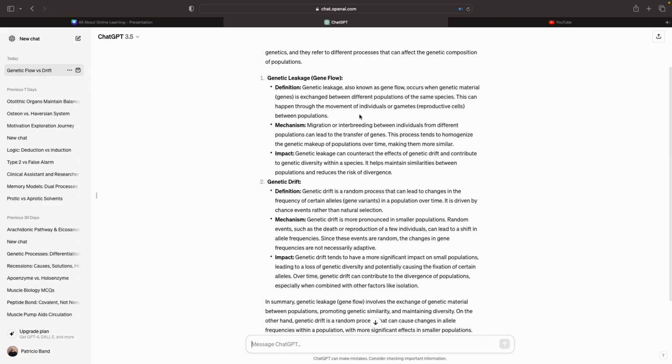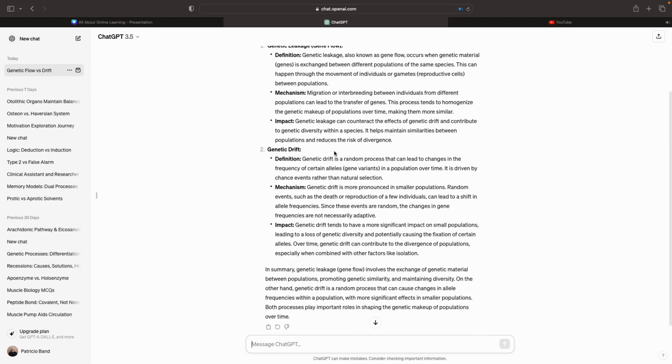This can happen through the movement of individuals or gametes, reproductive cells, between populations. Migration or interbreeding between individuals from different populations can lead to transfer of genes. This process tends to homogenize the genetic makeup of populations over time, making them more similar.